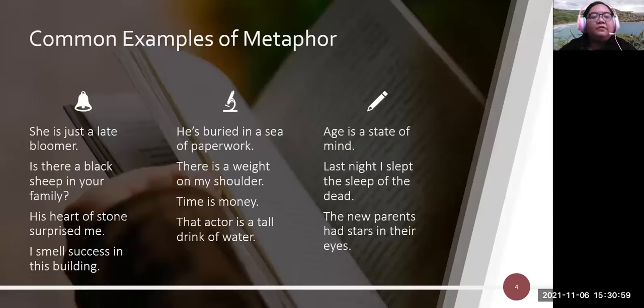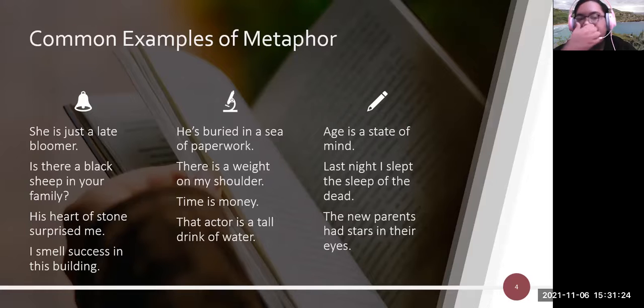Now, let's look at common examples of metaphor. Okay, these are common sayings that you hear all the time in life, right? And if you have not realized, these are actually metaphors. So examples are like, she is just a late bloomer.